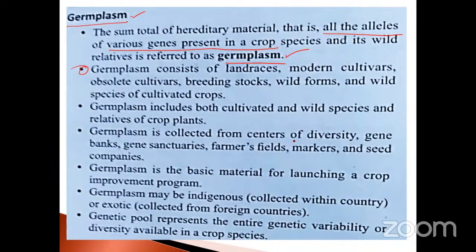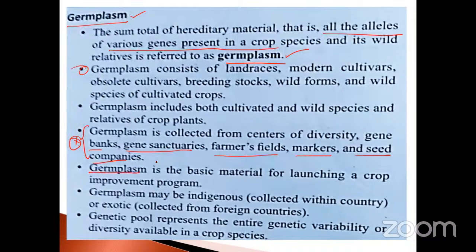Germplasm is collected from the center of diversity, gene bank, gene sanctuaries, farmers' fields, markets, and also seed companies. Germ is nothing but the seed, whether plant or whatever it may be. Germplasm is the basic material for launching a crop improvement program.